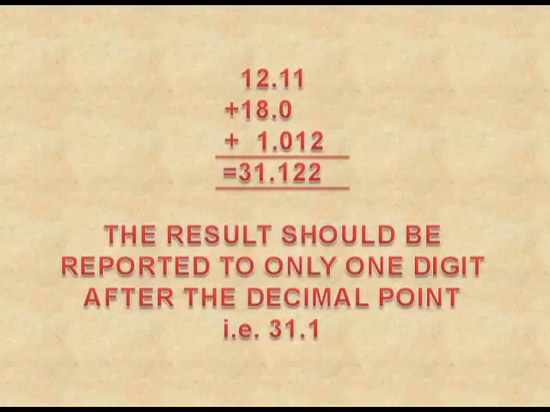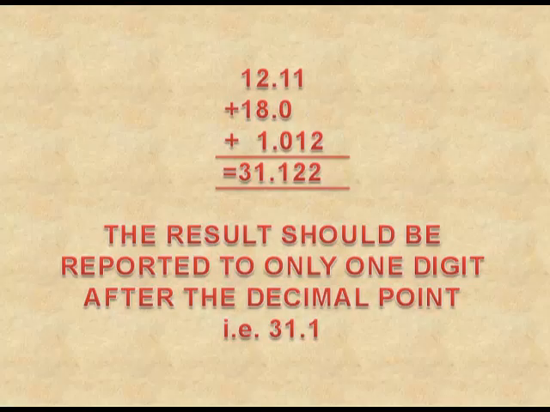Let's see an example. 12.11 plus 18.0 plus 1.012. I am adding it in a very normal way, a normal addition. 31.122 is the answer. But I will report the answer to the significant figures, that is 31.1.